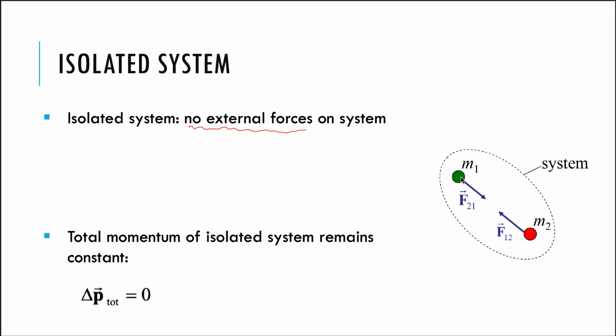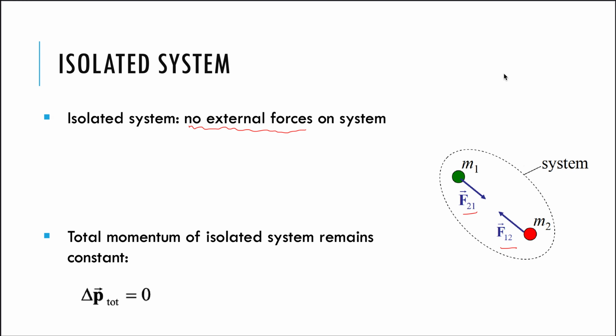So for instance, if you define your system as these two masses here, well, we know that they both have a gravitational force, right? They both attract each other. We have action and reaction forces. So those would be internal forces that are part of the system. If there's no external forces, nothing external pushing on any objects or anything like that, then it's an isolated system.